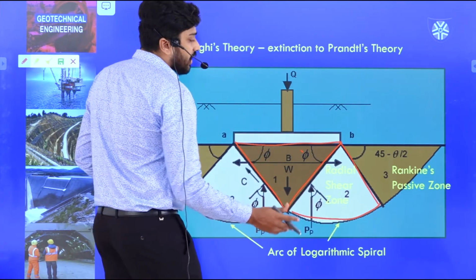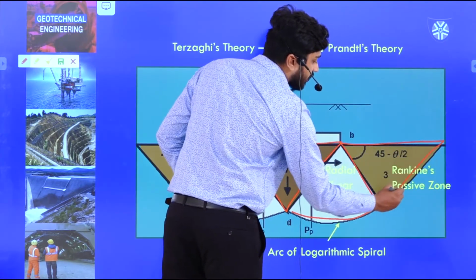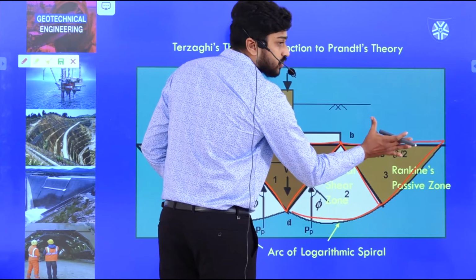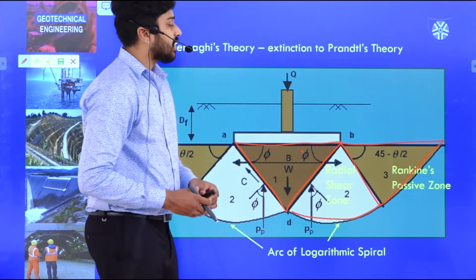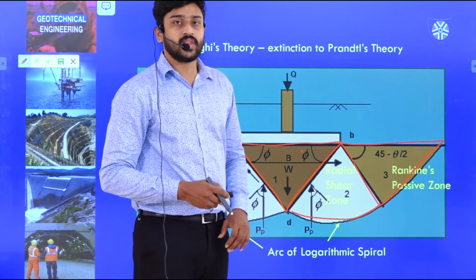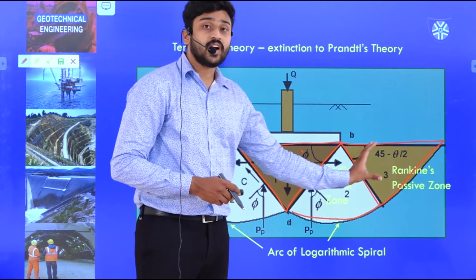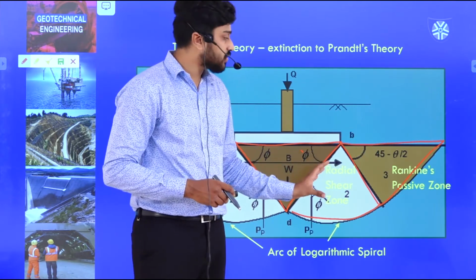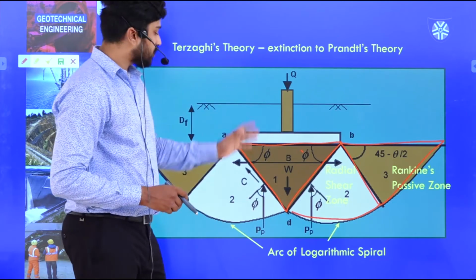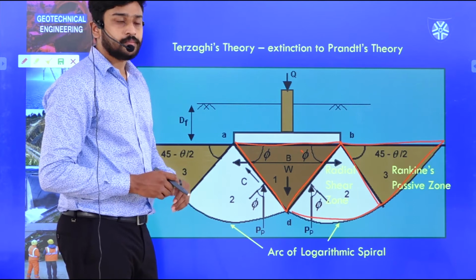Apart from this, the third zone present here, where zone 2 is trying to push this region, is zone 3, known as Rankine's passive zone. Since there is some compression taking place, there is some passive pressure acting, so that is why it is Rankine's passive zone. Since it is symmetric, the same is observed on the other side also.